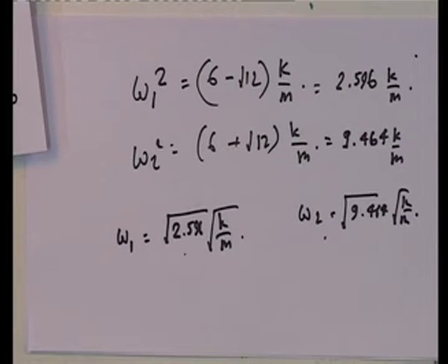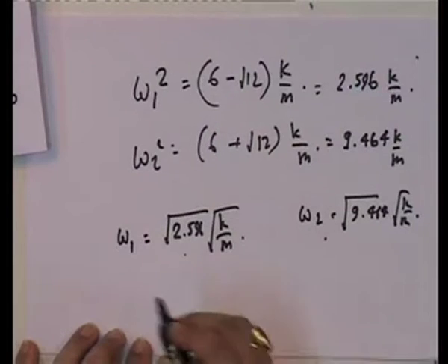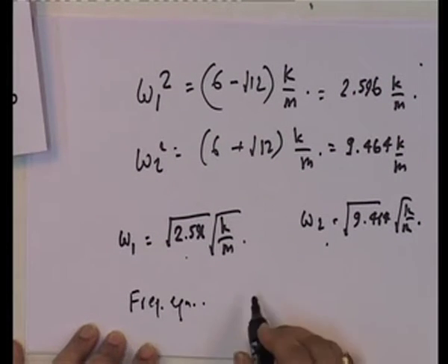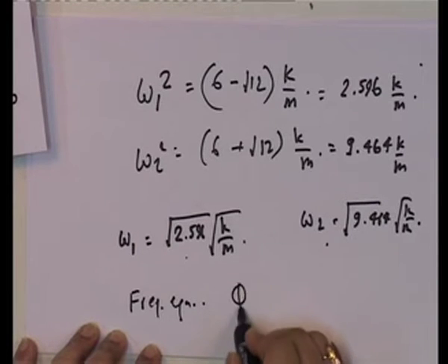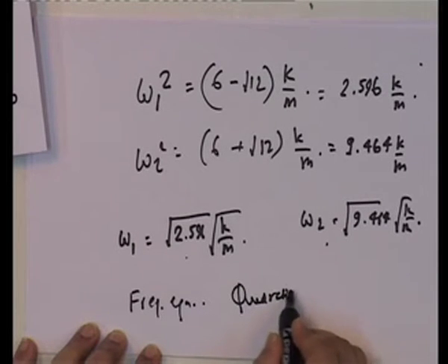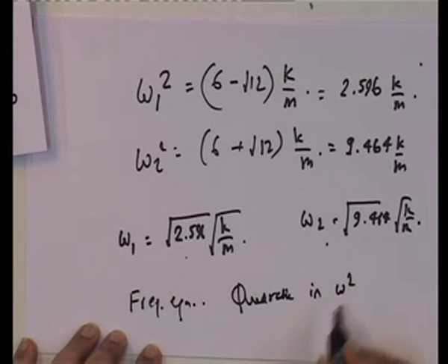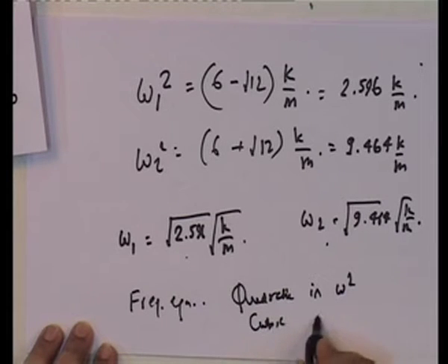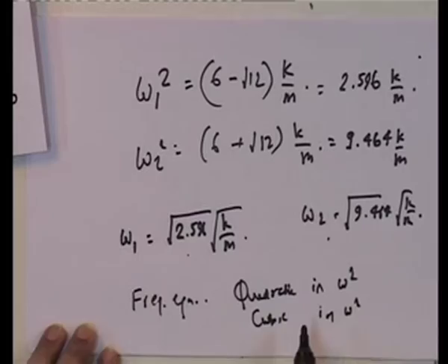So, what I have shown is that for 2 degrees of freedom, the frequency equation will be a quadratic in omega squared. If I have 3 degrees of freedom, the frequency equation will be a cubic in omega squared.